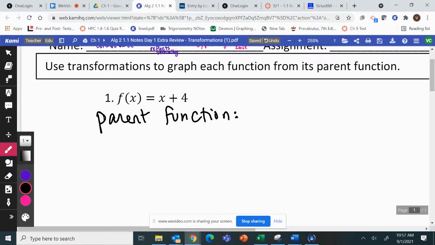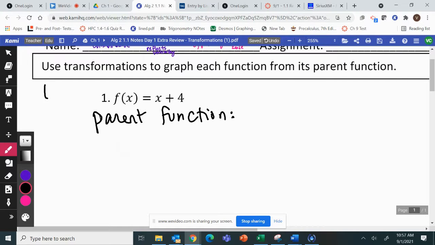So linear is its family name. That is correct. That's not what I'm asking, but that is the family name. So for a linear function, what is the actual rule? What's the equation? F of x equals just x. Okay, that's the parent. The parent's baby is x plus 4.